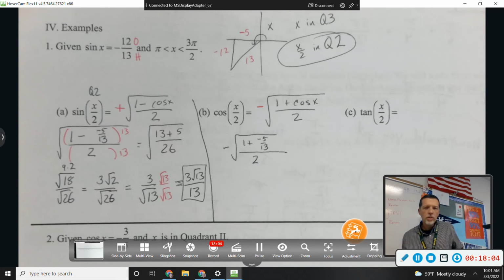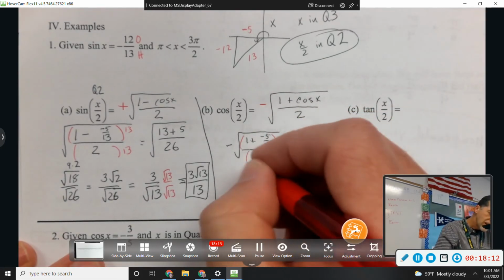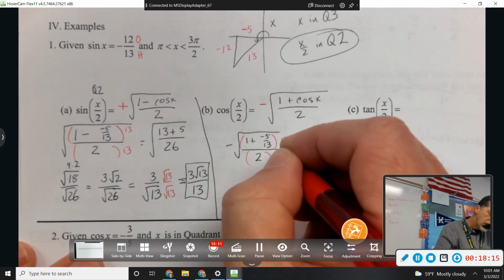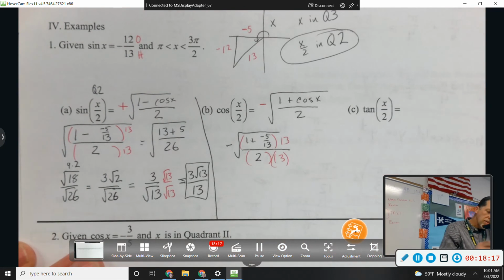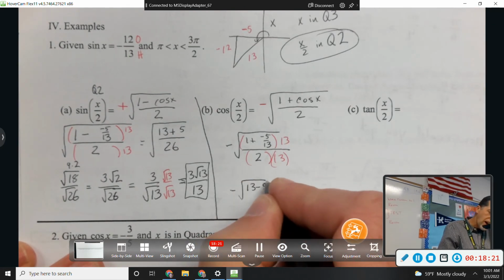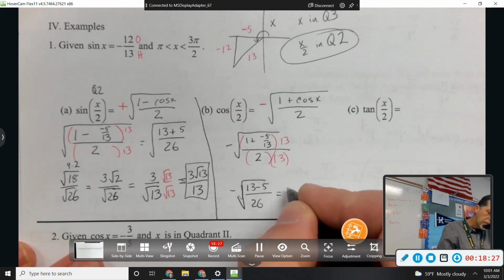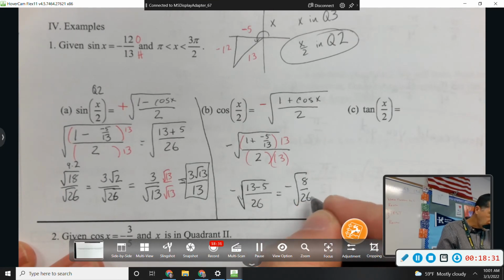What do you want to do to fix that one? Multiply top and bottom by 13. So 13 minus 5 over 26. So that would be 8 over 26.